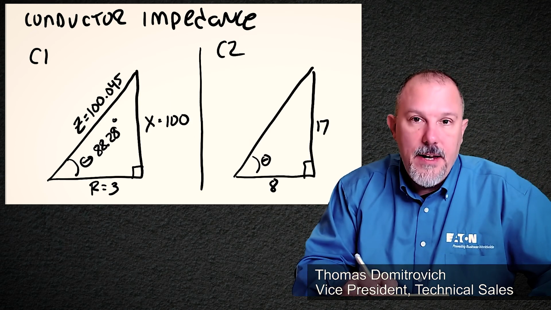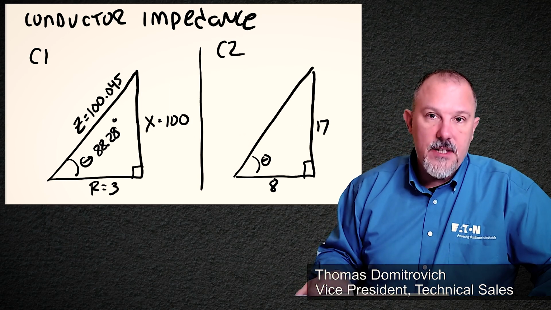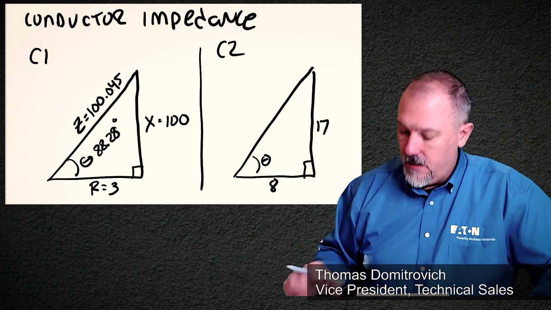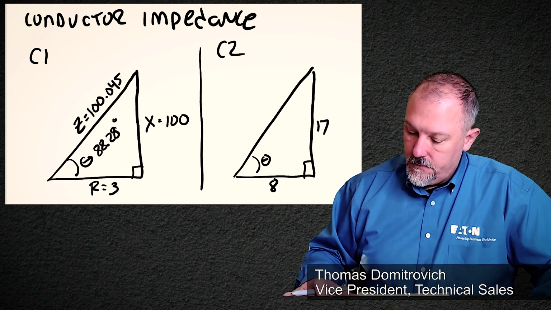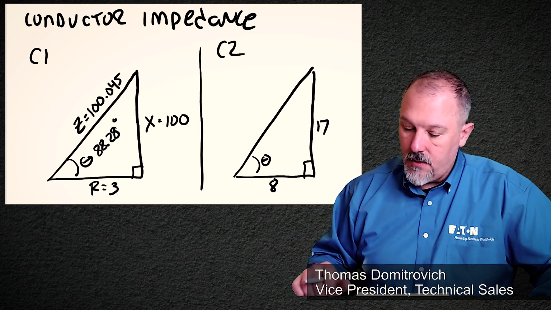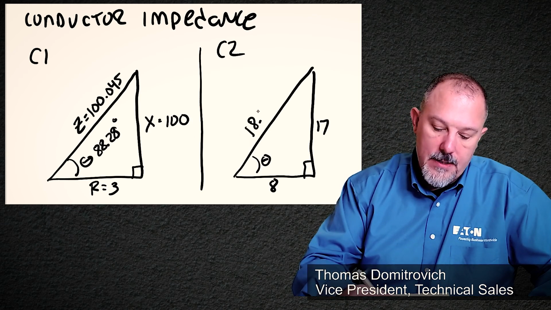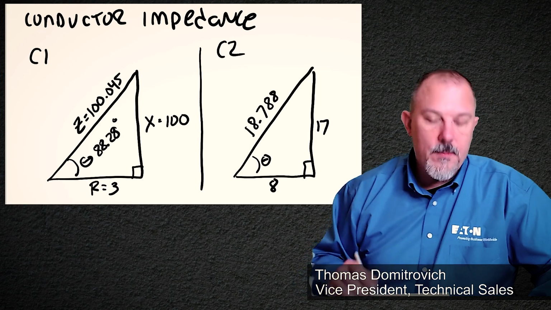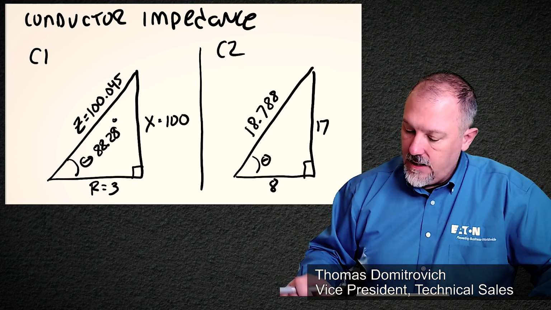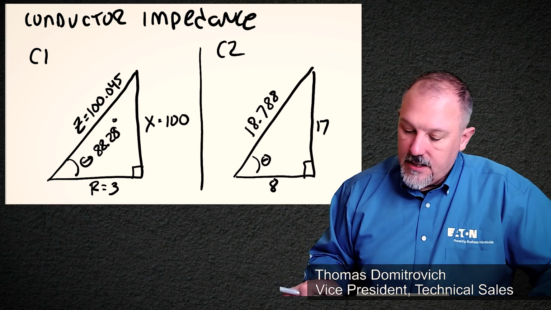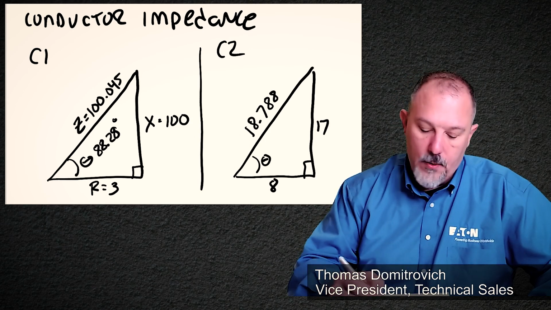We have to calculate theta, and we have to calculate the hypotenuse. What's the hypotenuse? 17 squared plus 8 squared, square root of that. Add those two together, take the square root, and that is 18.788. What's my angle? Inverse tangent of 17 over 8: 64.7989. So we're going to call that 64.8.